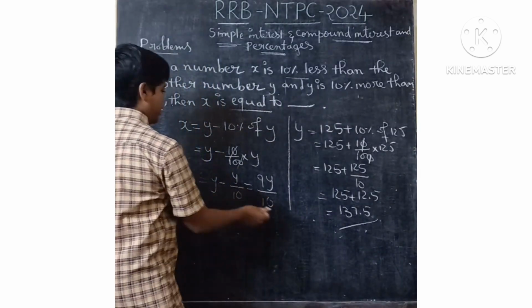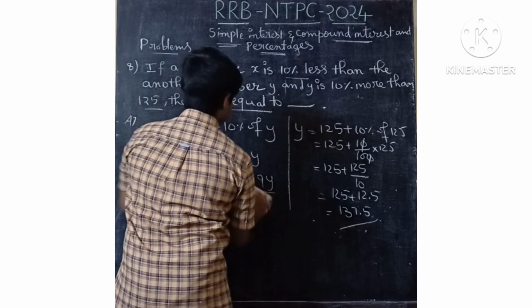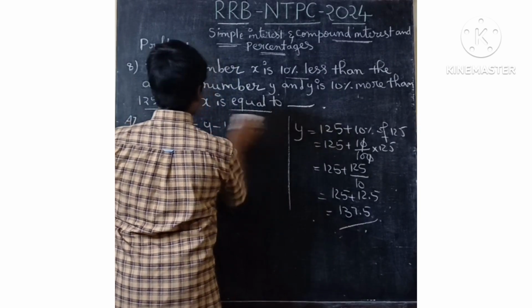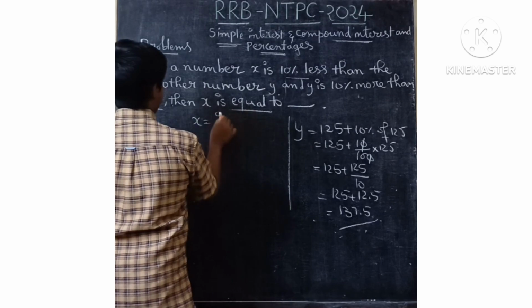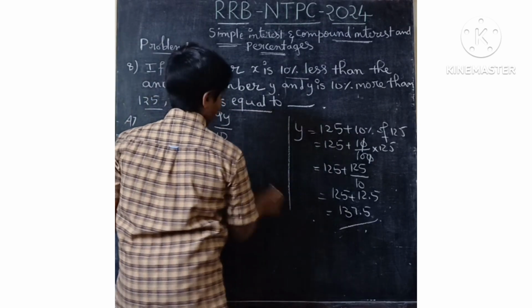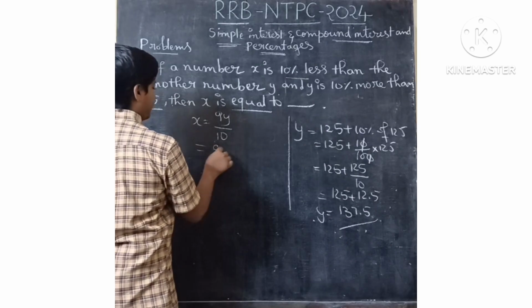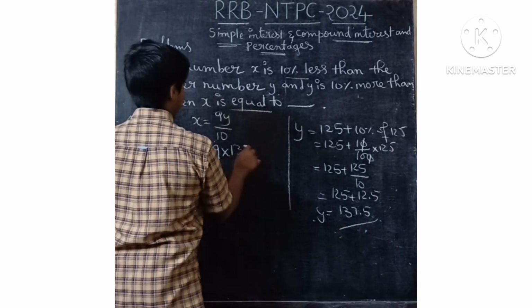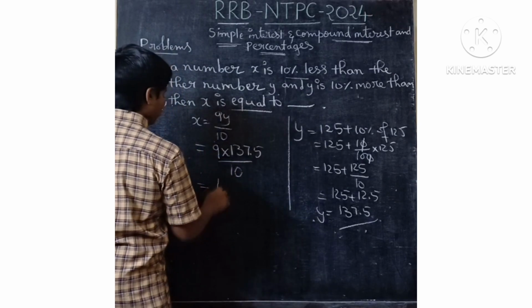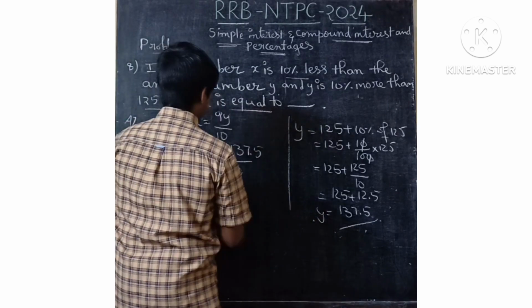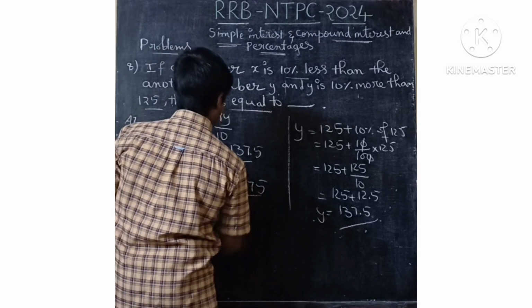So if you substitute this y value here, we got the x value as 9y by 10. So 9 into 137.5 by 10. It will give the answer as 9 into 1375 by 100.